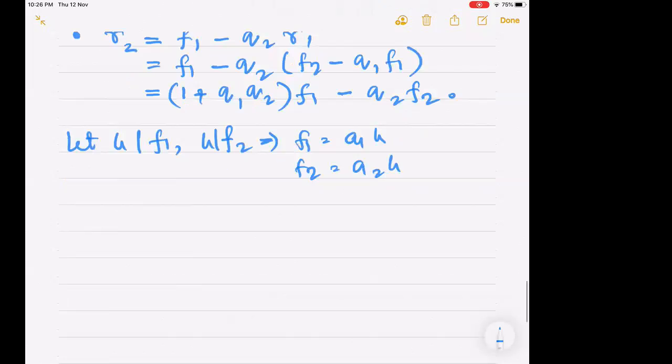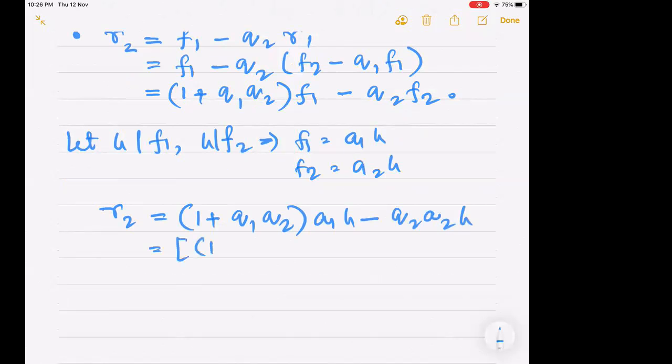Putting these two things in the above equation, we get 1 plus Q1 Q2 times A1H minus Q2 A2H, which then tells us that this is nothing but 1 plus Q1 Q2 A1 minus Q2 A2 times H, which implies H divides R2 as well.